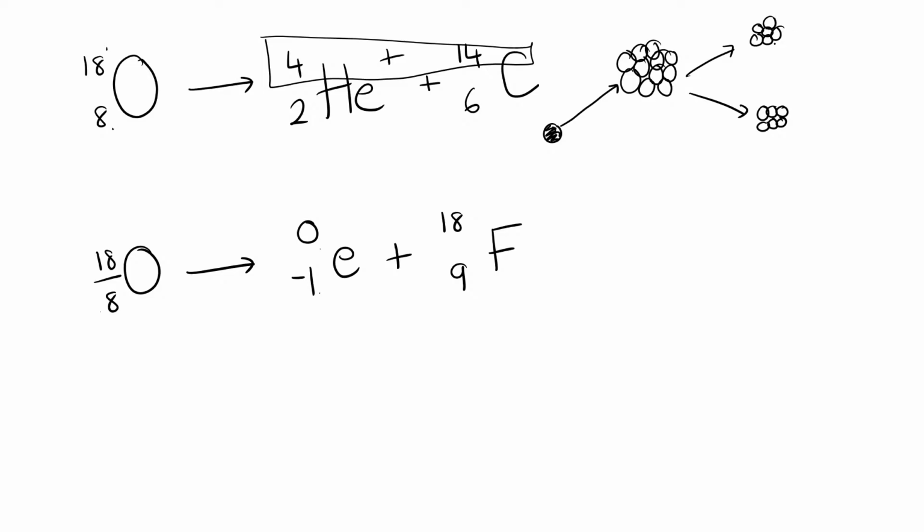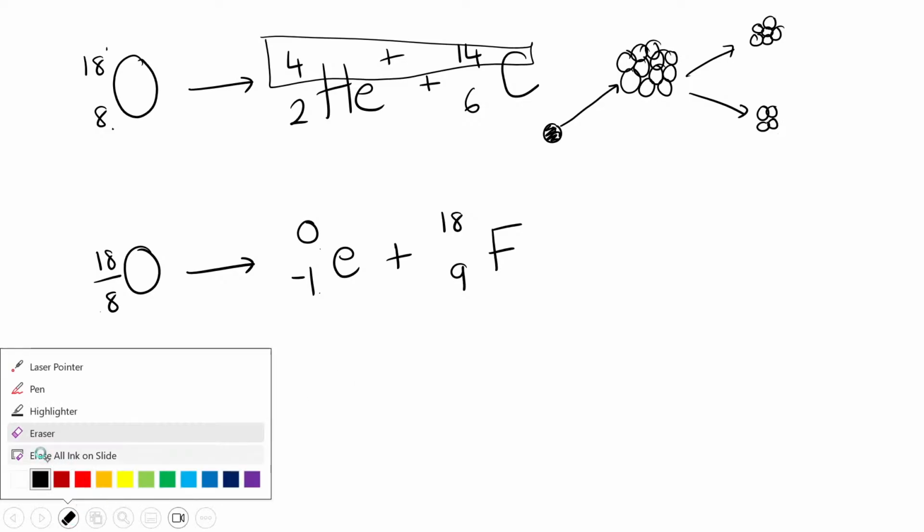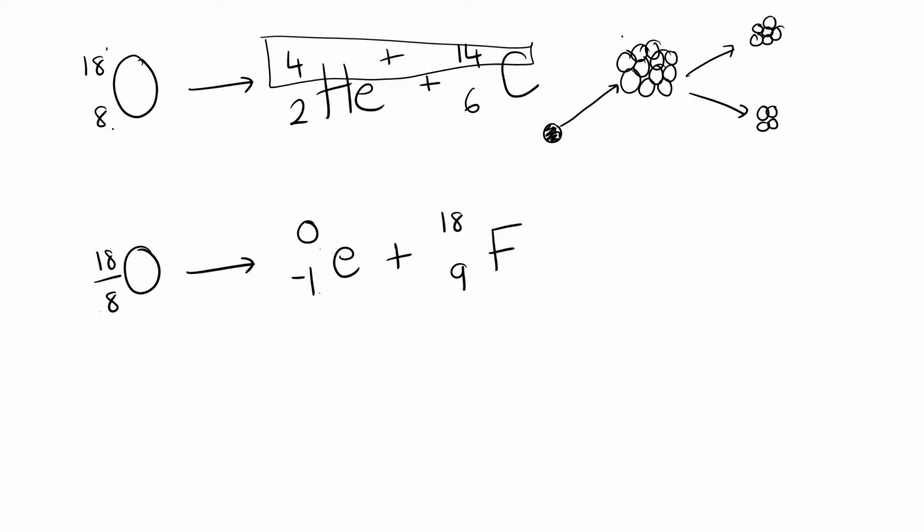I need some more neutrons here, my bad. So this is my parent. This is my neutron. These are my daughter nuclei. And then we also have 2 or 3 more neutrons, and also a ton of energy.